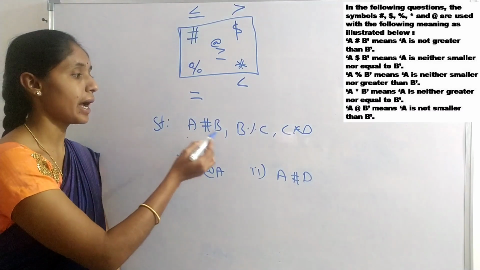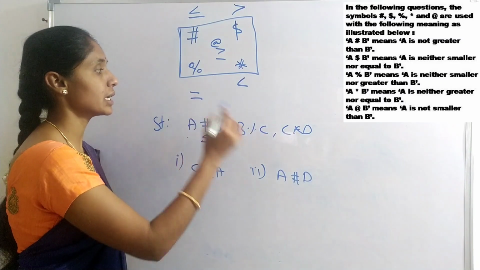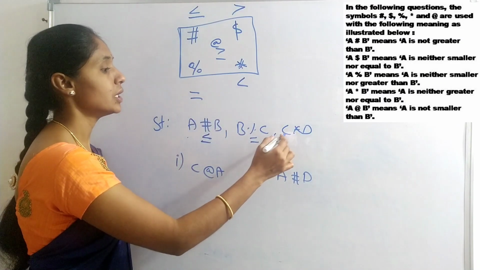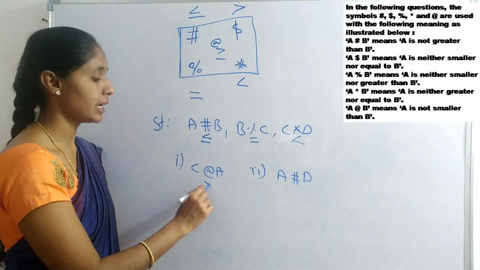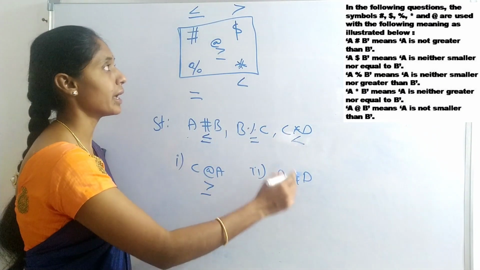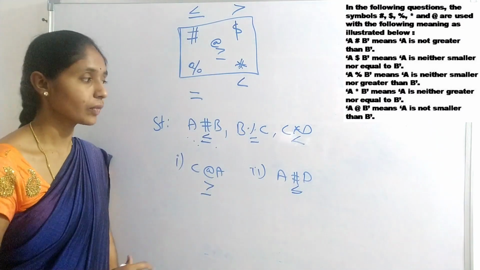First question: A hash B, hash means less than or equals to. B percentile C, that is equals to. C star D, that is less than. Statements: C at A greater than or equals to, A hash D, that is less than or equals to.